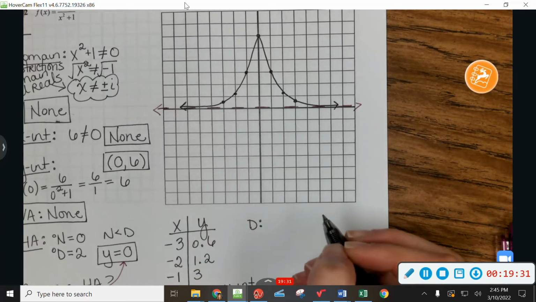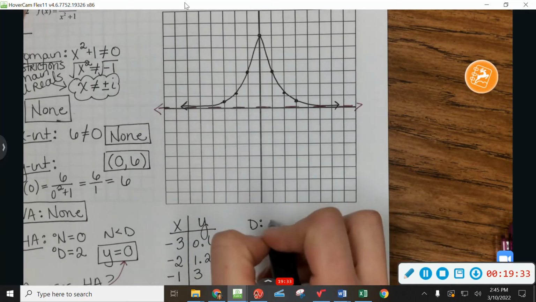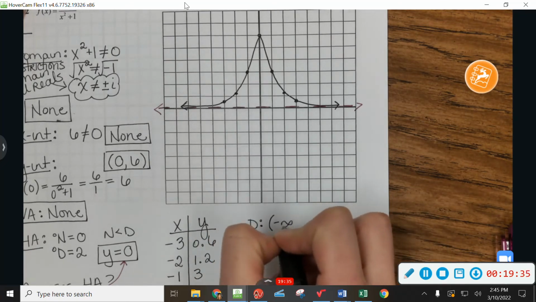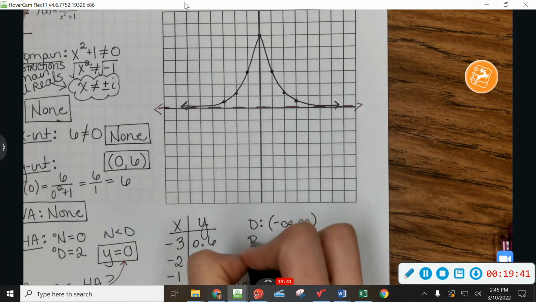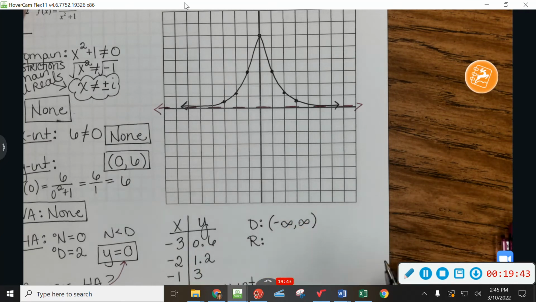So here, my domain is what? Negative infinity to positive infinity, because I had no restrictions. My range is what? Does it go to positive infinity? It's 0 to 6.